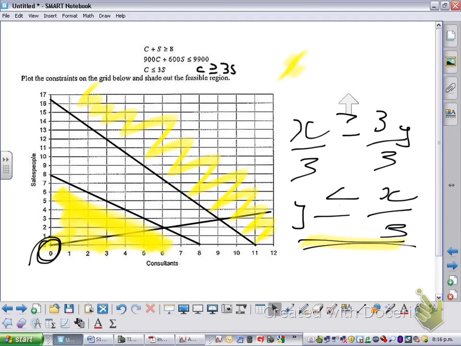And so 2 and 6 is a good point. We could use that, and then draw the line. And now, normally we shade below if it's less than, but we're going to shade above. So there's our feasible region. It's this.